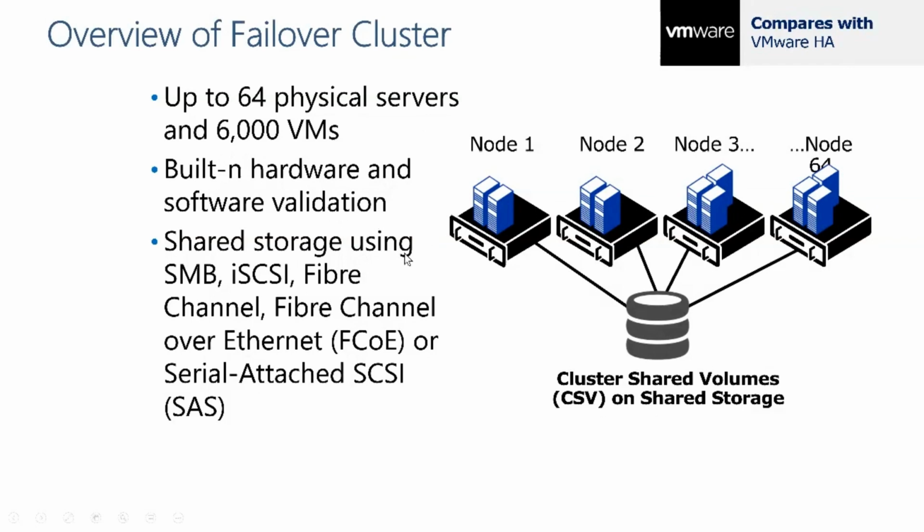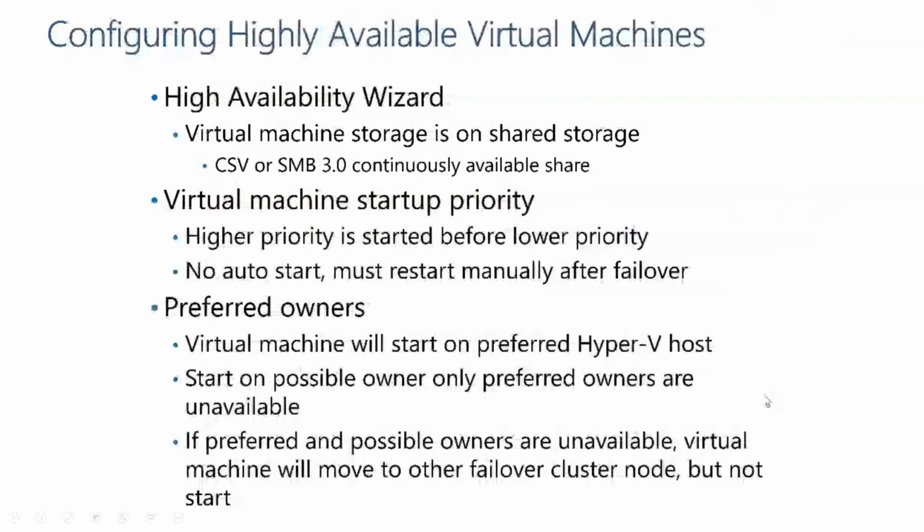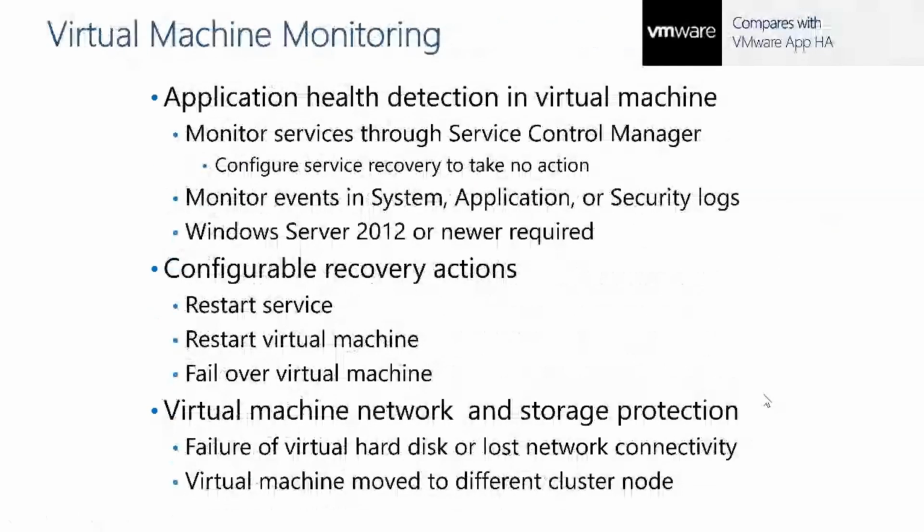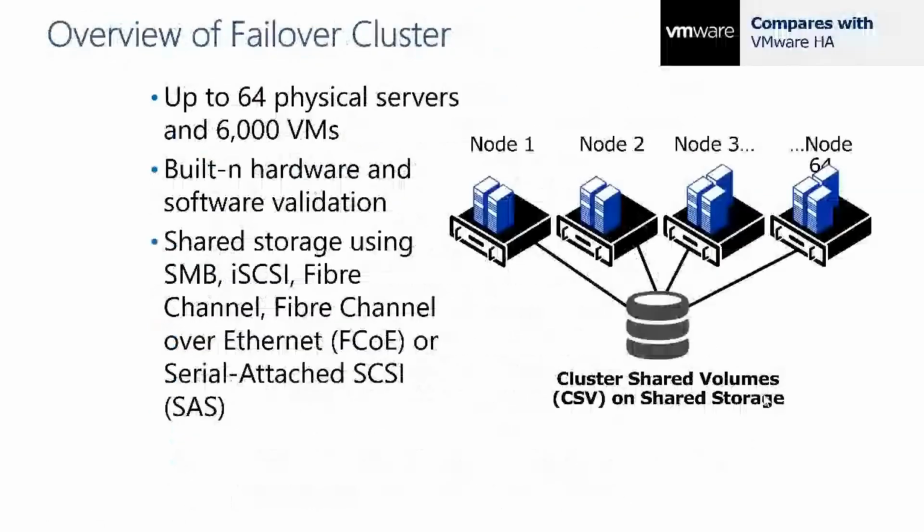It has built-in hardware and software validation, so we have to validate that the hardware meets the requirements. If it doesn't, it will be rejected from the cluster. We need to have shared storage, any of these types of shared storage.